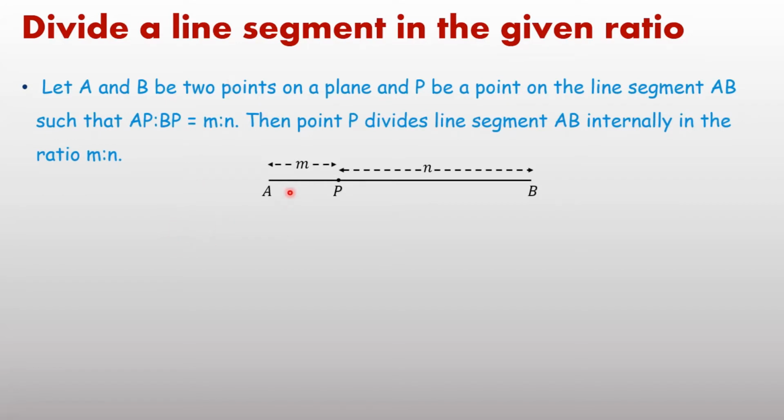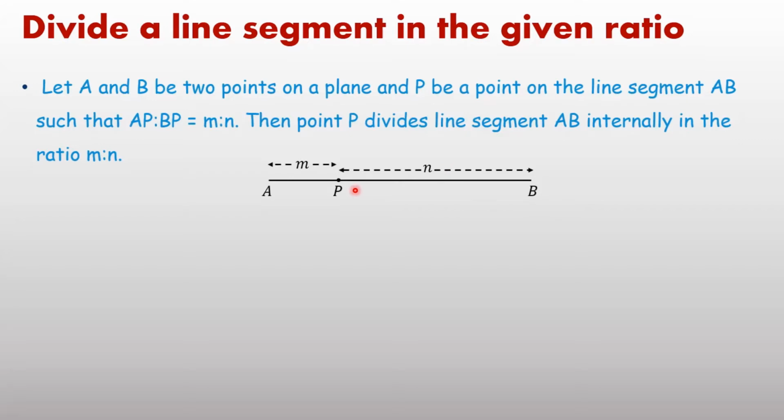In the figure, there are 2 points A and B given. Take a third point P between A and B on the line segment AB, which divides AB in two parts in the ratio m:n, means if the value of AP is m, then PB is n.